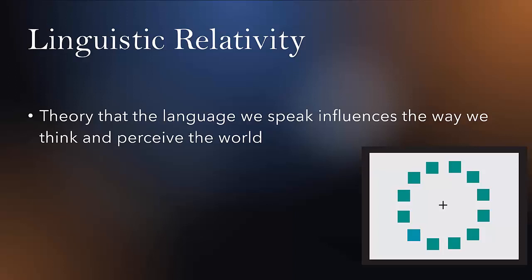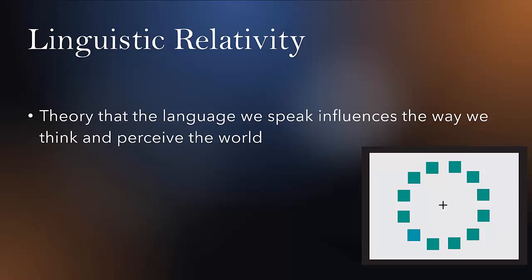So basically, this theory says that the language that we speak has pretty profound influences on the way that we also think and perceive the world. The idea is that someone who grows up speaking English would think and perceive the world very differently from someone who speaks a different language. And there are different extremes of this theory.